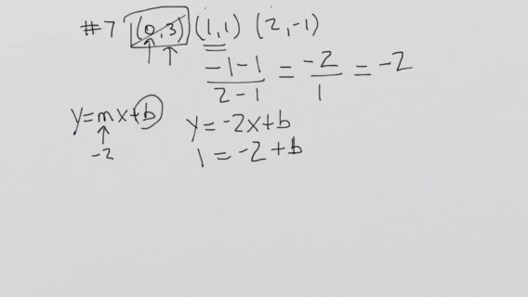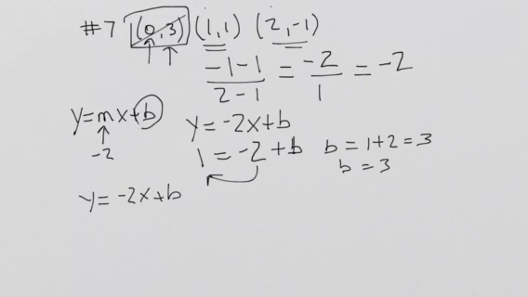So that means b equals, we need to move this minus 2 over here. So that becomes a positive 2. So now we have 1 plus 2, that equals 3. So b equals 3. Let's use this other point to solve for it. So we have y equals minus 2x plus b. Remember, we solved for the slope over here.